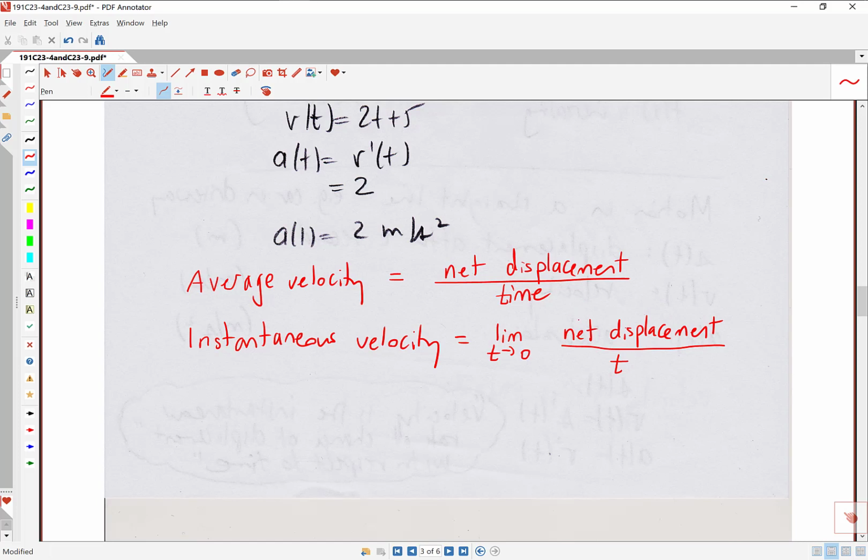So displacement of where did it end up minus displacement of where did it start. And as soon as we start to write something like this, we realize, oh, that looks like the limit definition of the derivative. And so in fact, the way you get instantaneous velocity is you take the derivative of displacement with respect to time. So this is why limits are so useful.